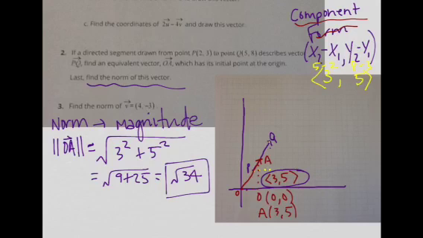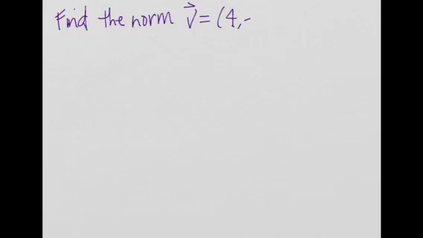Okay, lastly is number 3, and let me just switch pages since I took up so much room. So number 3 said to find the norm of vector v, which is 4, negative 3. Now on this exploration it uses parentheses. I think it should be these little brackets.